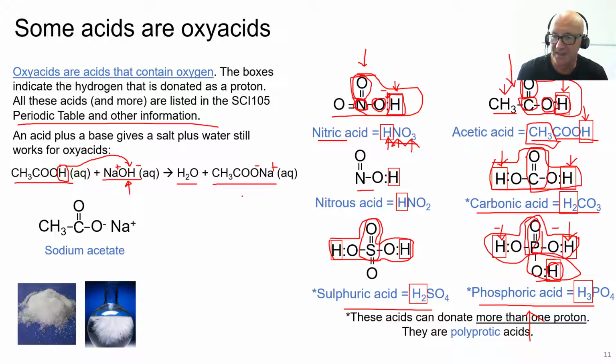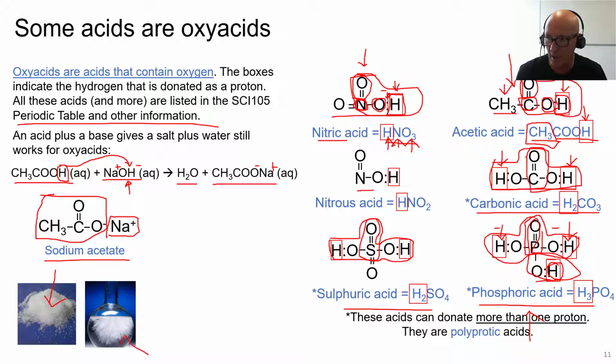And this compound, its actual name is sodium acetate. Sodium acetate. I'll talk more about nomenclature later. Sodium acetate, it is definitely a high melting point crystalline solid. And this is a beautiful example of some crystals forming where you've just added sodium hydroxide and acetic acid together.